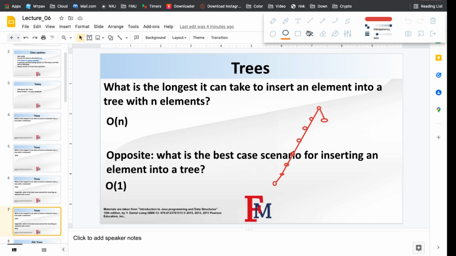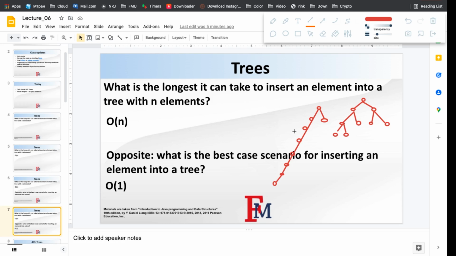It would be much better if we had a tree where each node has 2 children and it's more level. Then it would be much more fair, because the worst case is inserting a node here and the best case is inserting a node over here, and the difference between them isn't that big.